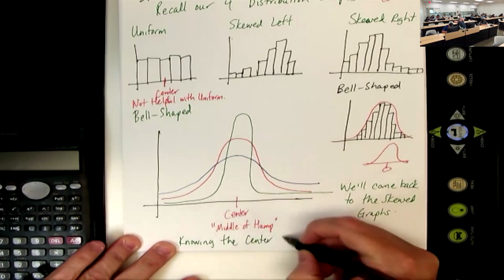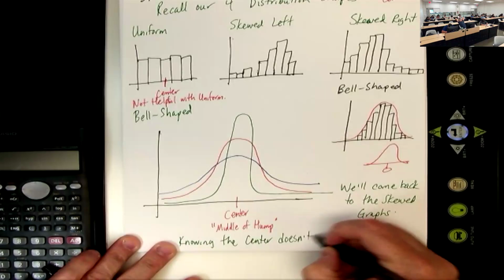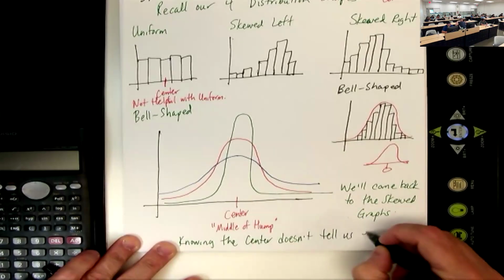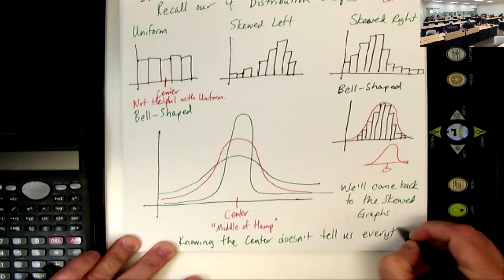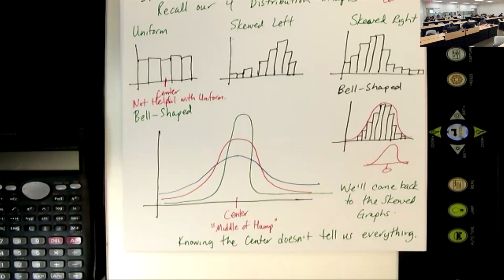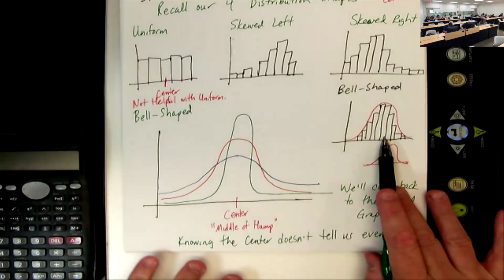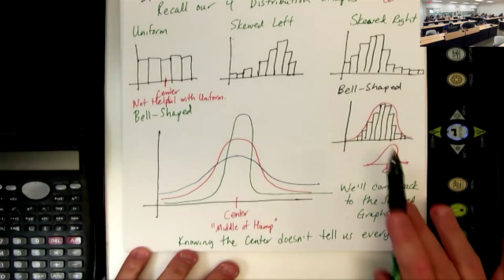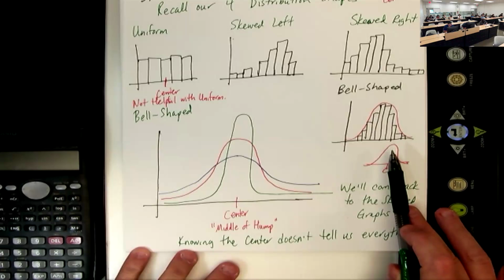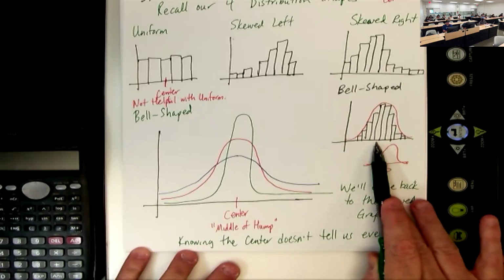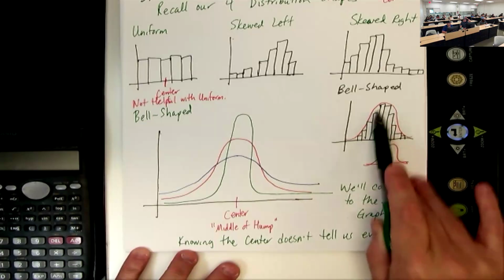Doesn't tell us everything. Is the graph tall? Is it short? Because remember, on a histogram, these curves go over the boxes, but the boxes represent the number of people that said that same answer. So on this bell shape, whatever these numbers are, a lot of people said those answers.